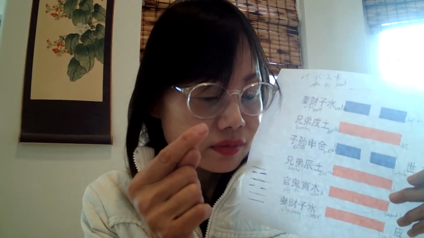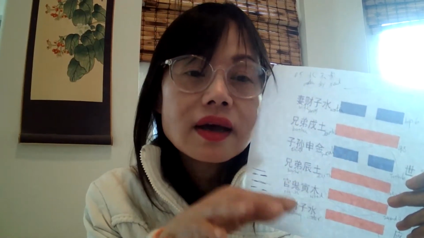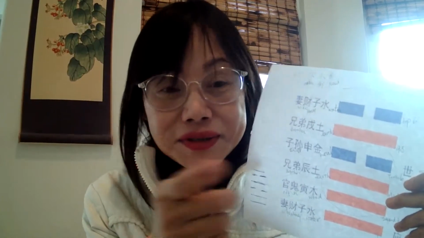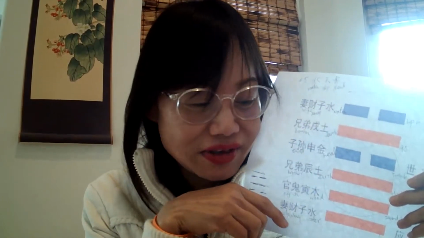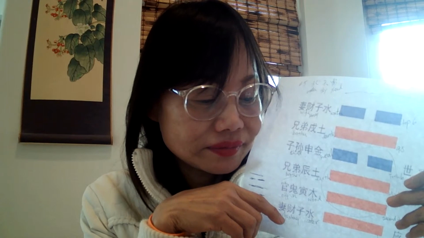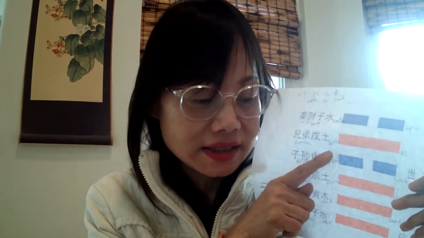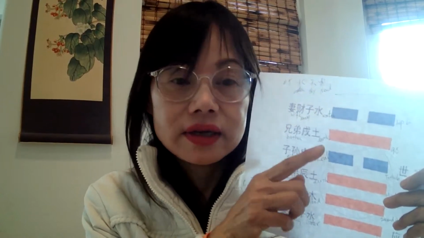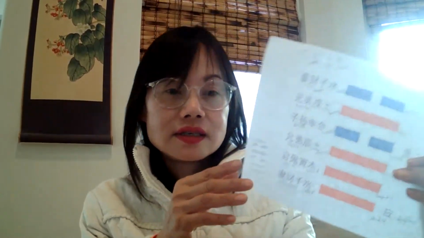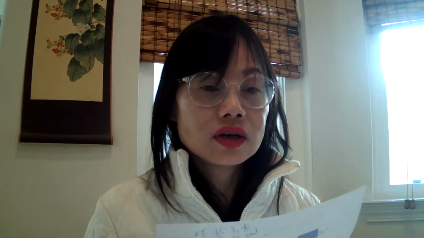Fifth Yao changing, half good, half bad, because they're supposedly in a good position, right? Sixth Yao changing, that means you will get sick, and it's bad. Sixth Yao changing is what we call xiong. Ji is good, xiong is bad.